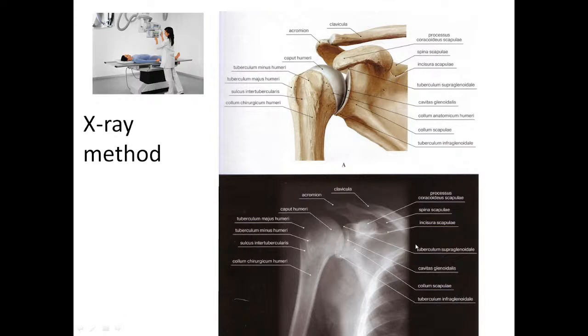This is spina scapulae. This is ribs. This is collum chirurgicum humeri. I tell with the help of the Latin language.